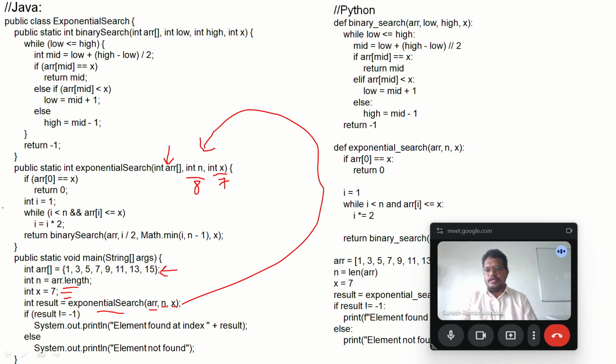Here we are checking whether the first element of the array is equal to the target element. Then element is found, we will return that the element is found.